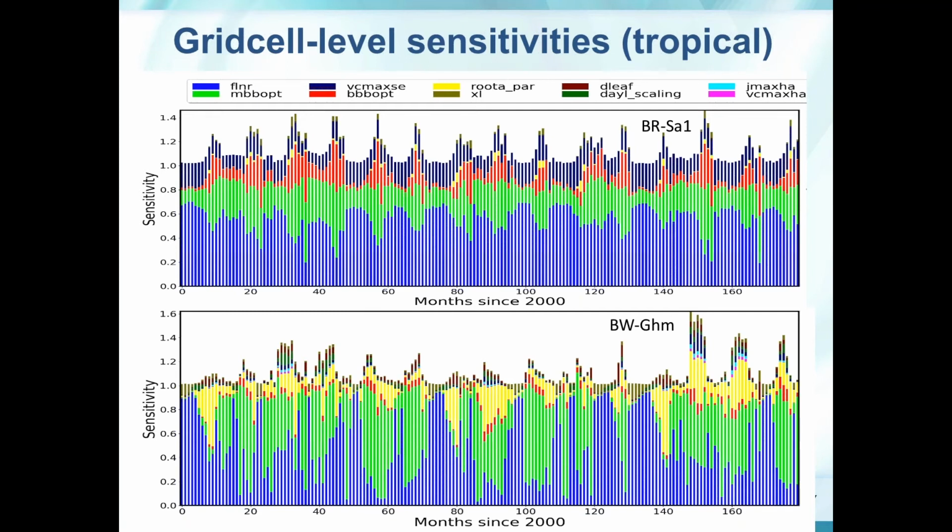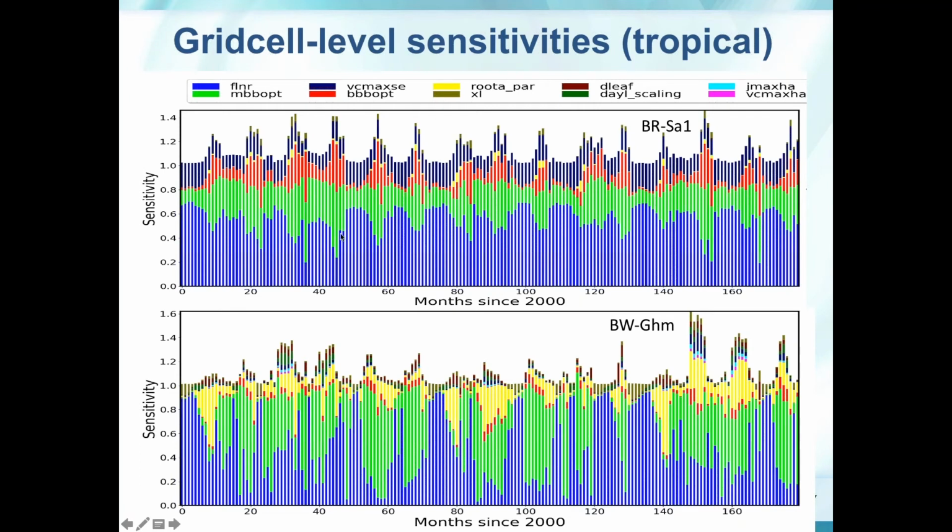The height of the bar represents the sensitivity of that parameter, how much output variance that parameter is controlling. In a lot of cases, it's the FLNR that's the largest single driver of that variance. But we can see a pattern: in some months, the MBB opt, or stomatal conductance slope, becomes more sensitive.